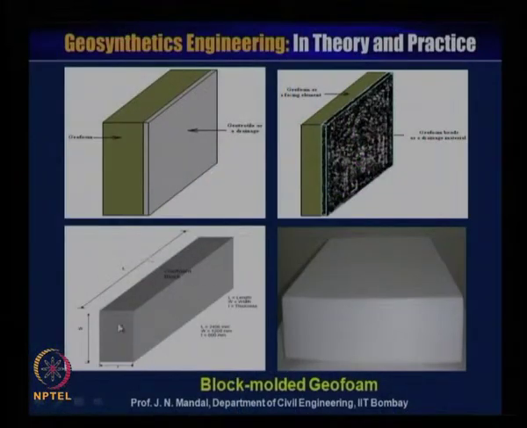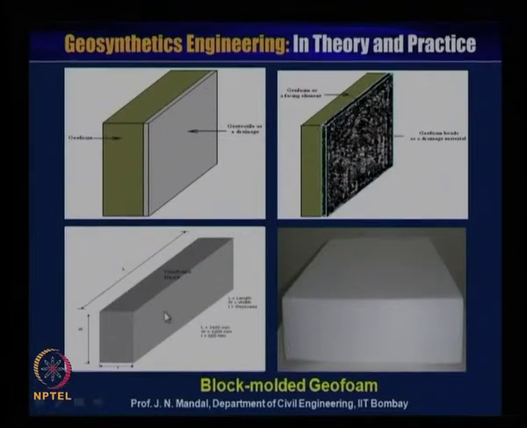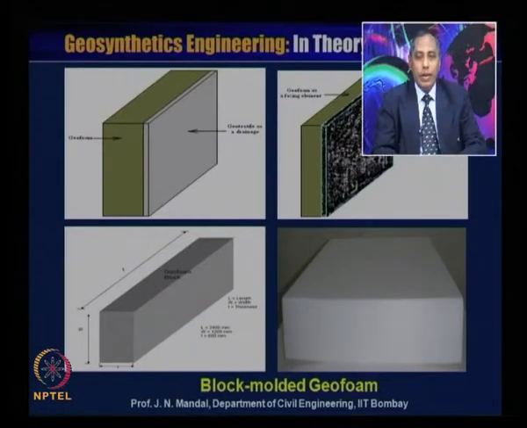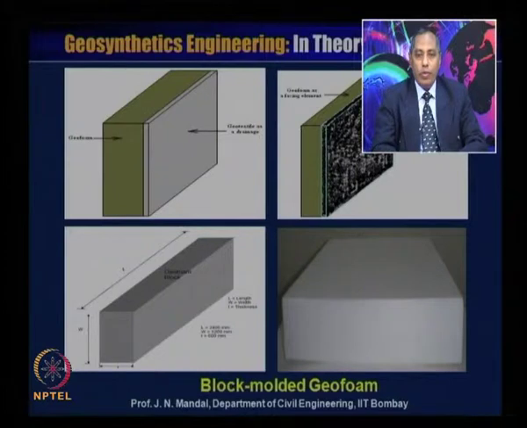So this is the size of the block generally available. I have told you the dimension of the block, and this expanded polystyrene block weighs about 36 kg and 2% can easily handle it, and it is a very super light material.